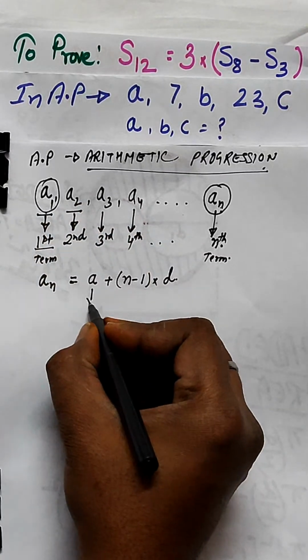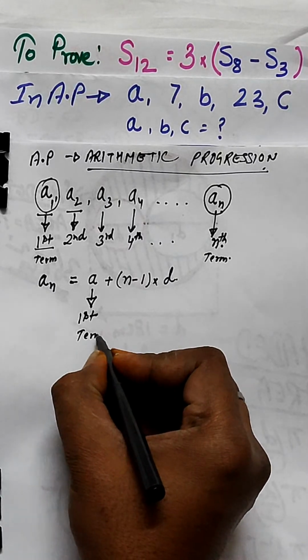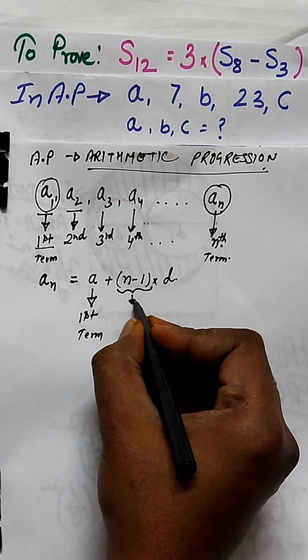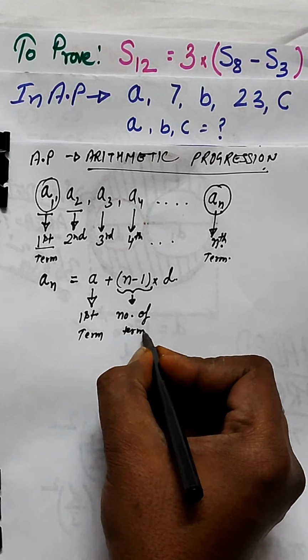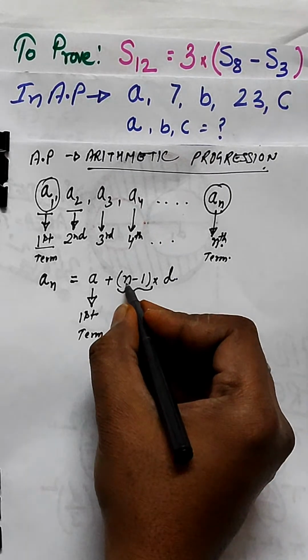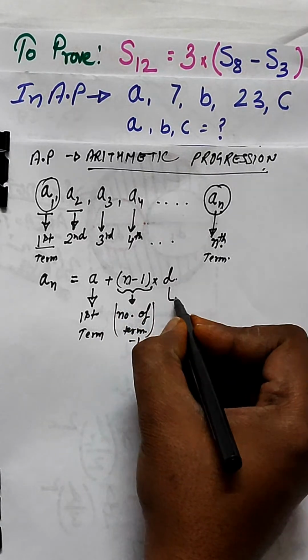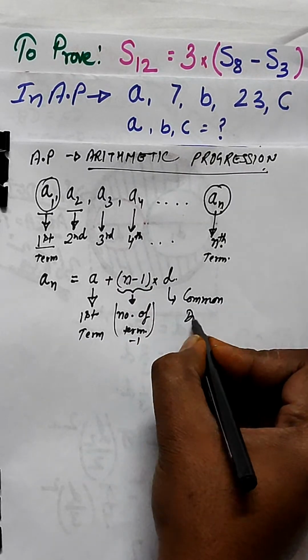So we can write it as A as first term, n is the number of terms of that AP, and n minus 1 is that value, and D is the common difference.